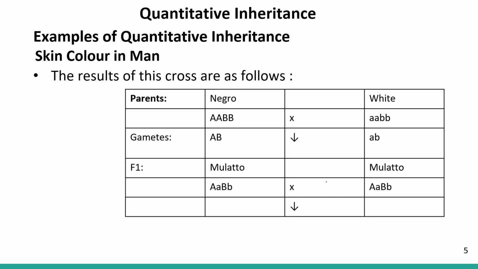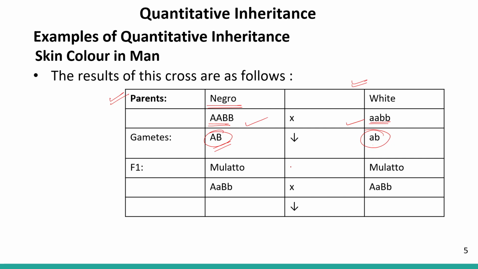Let us understand by taking this as a cross. The Negroes have capital A, capital B type genotype, whereas the white or Caucasian will have small a, small b type. They will produce gametes capital A, capital B, and small a, small b, respectively. These are the two gametes in the case of Negroes and white.